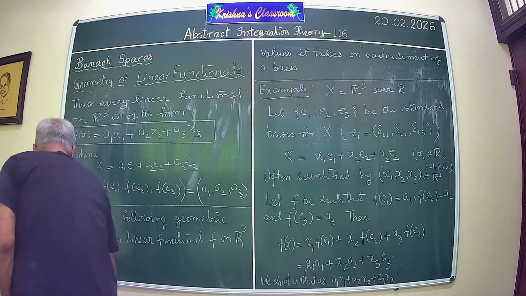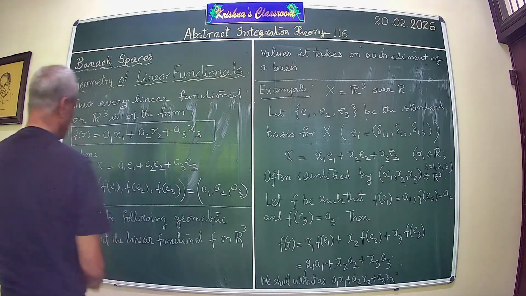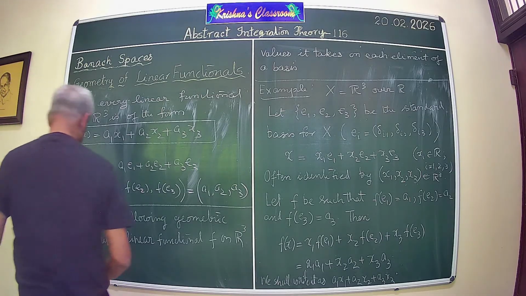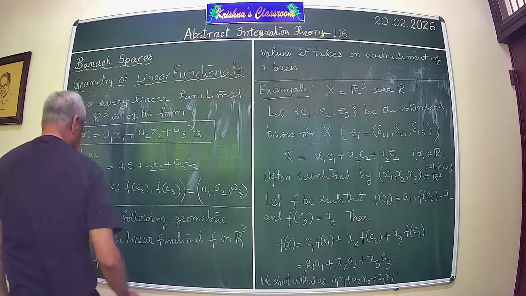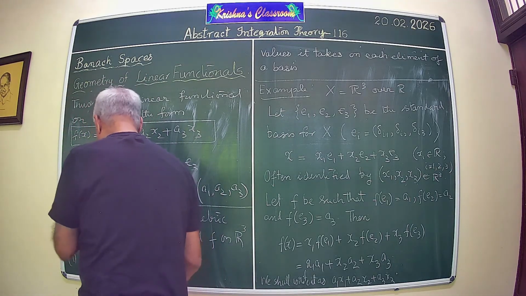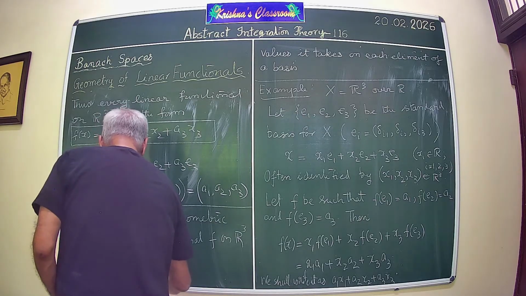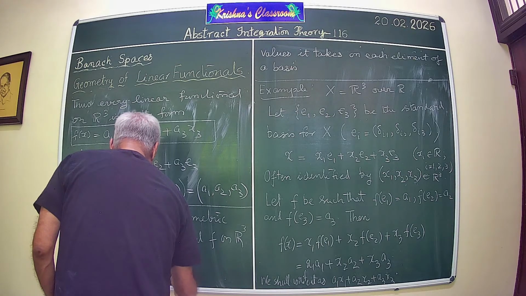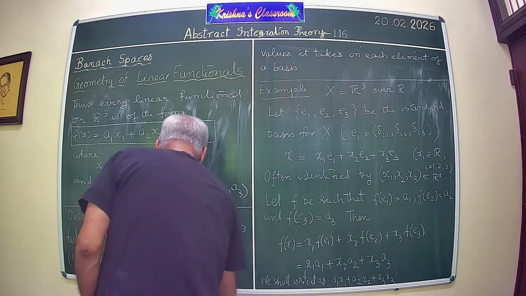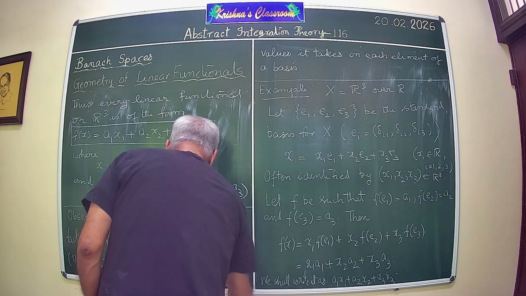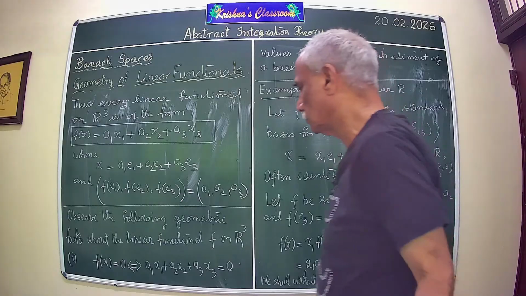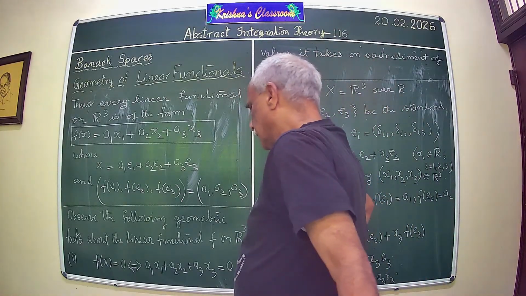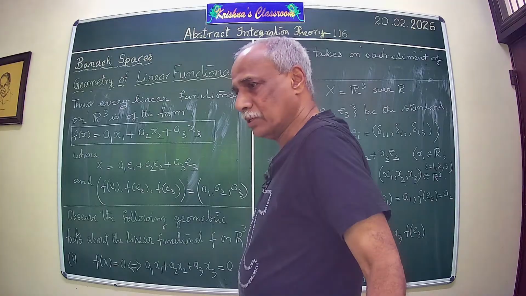The first thing is f of x equal to 0 if and only if a1 x1 plus a2 x2 plus a3 x3 is equal to 0. This is in R3. You know that x1, x2, x3 are the coordinates of an arbitrary vector.